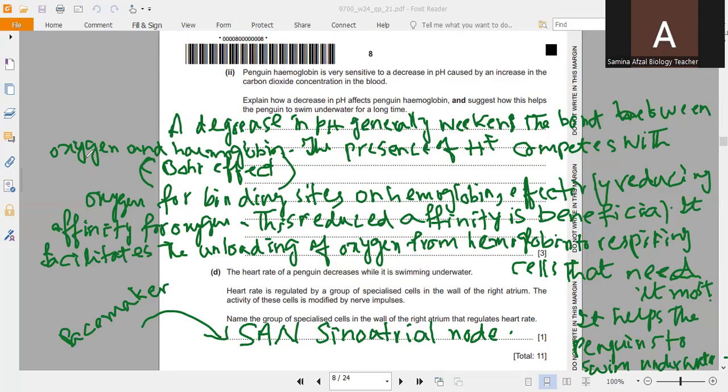The sinoatrial node is a tiny cluster of specialized cells located in the upper part of the right atrium, one of the heart's four chambers. It generates electrical impulses. So this is all about questions number 1 and 2.